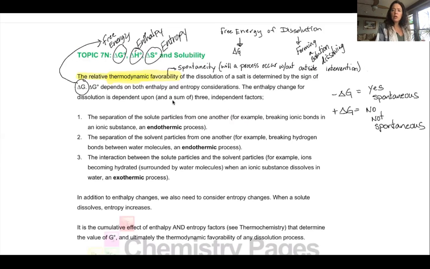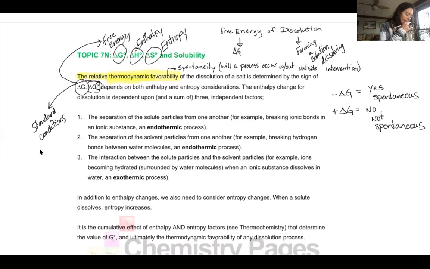Now, what you see next is a different delta G. It's got that little knot. But that's basically the same one. That just means it's standard conditions. We'll look all into this later. Okay, so delta G standard, 1 molar, 1 atmospheric pressure.